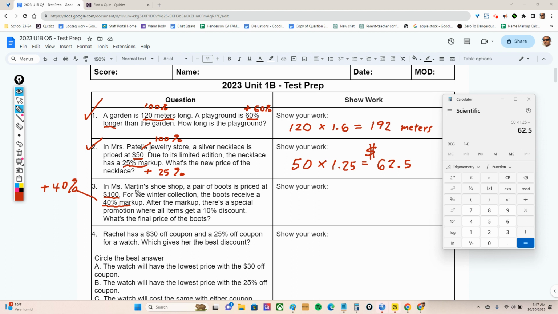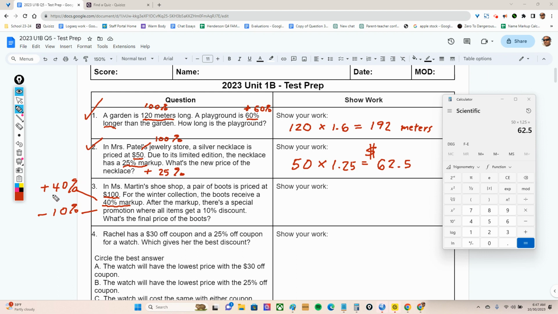Okay. After the markup, there is a special promotion where all items get a 10% discount. Then you're getting a minus 10%. What is the final price?